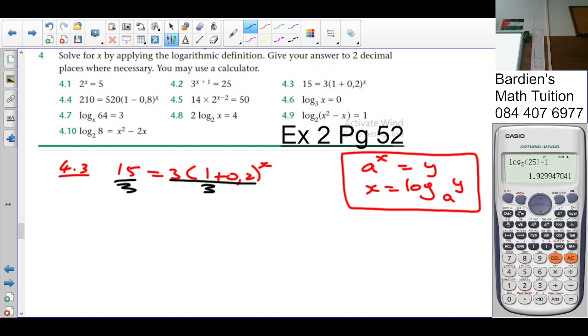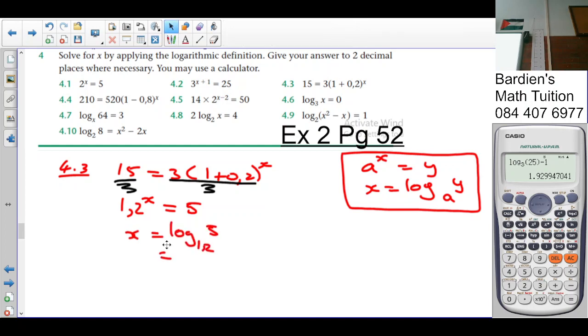That gives 1,2 to the x equal to 5. Now it's in that form, so make x the subject: x is equal to log 5 base 1,2, which gives you 8,83.